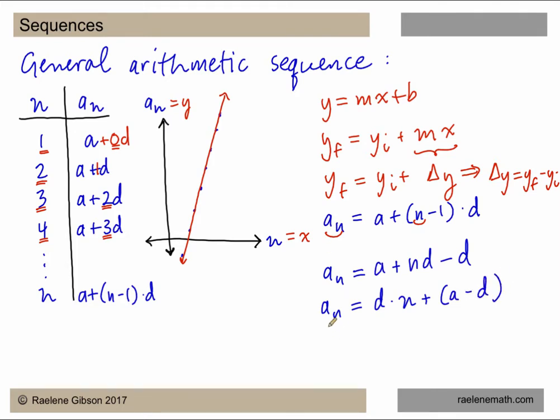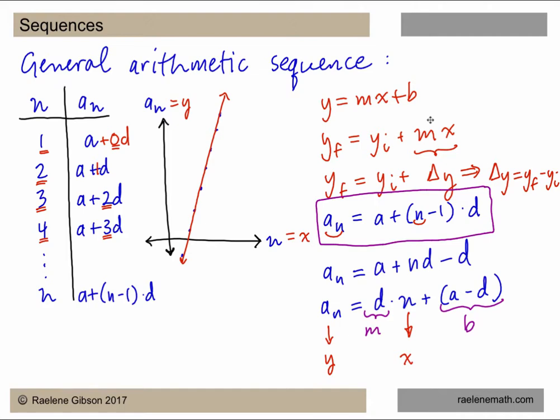And we recognize the connection here that a_n is like y and that n is like x, and therefore we have that the common difference is like the slope and the value a minus d is like the y-intercept. So there you have a memorized formula related to something well known and familiar, the equation of a line.